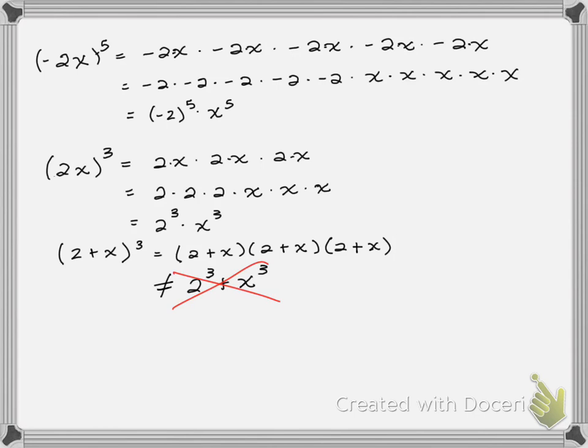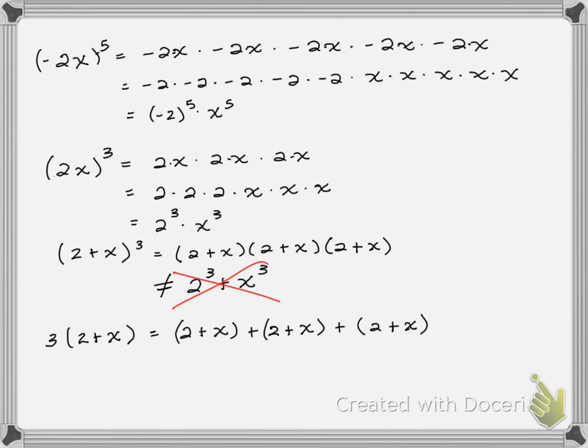So remember how I said that the relationship between multiplication and exponents is exactly the same as the relationship between addition and multiplication. This is where the distributive property comes from. If I do 3 times (2 plus x), that's saying that I am adding 2 plus x to itself 3 times, which is 2 plus x plus 2 plus x plus 2 plus x.